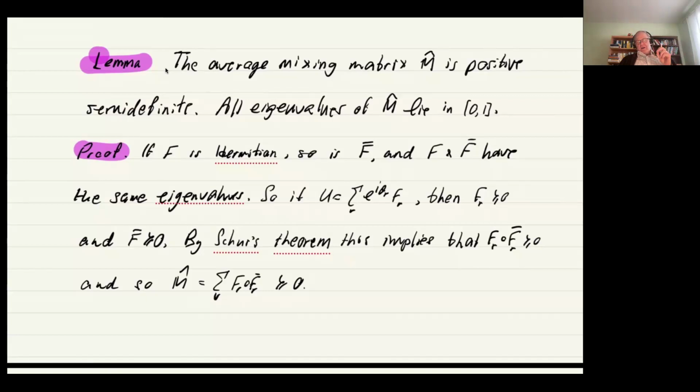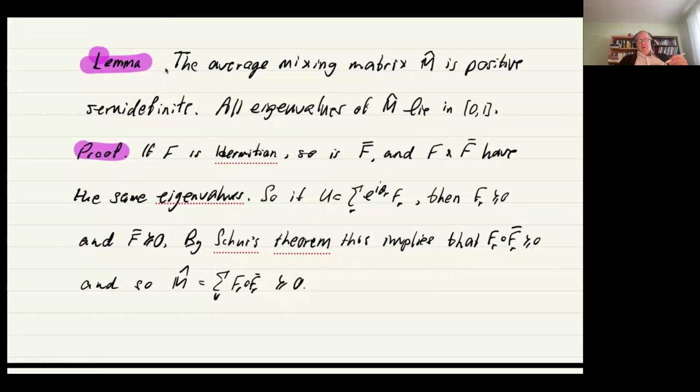But M hat is not an average of states. And so the mixing matrix in the continuous case is not positive semi-definite. But the average mixing matrix is, and the eigenvalues in fact lie in the interval 0 to 1. So in particular, all the eigenvalues are less than 1. Since it's positive semi-definite, they're all at least 0, of course.